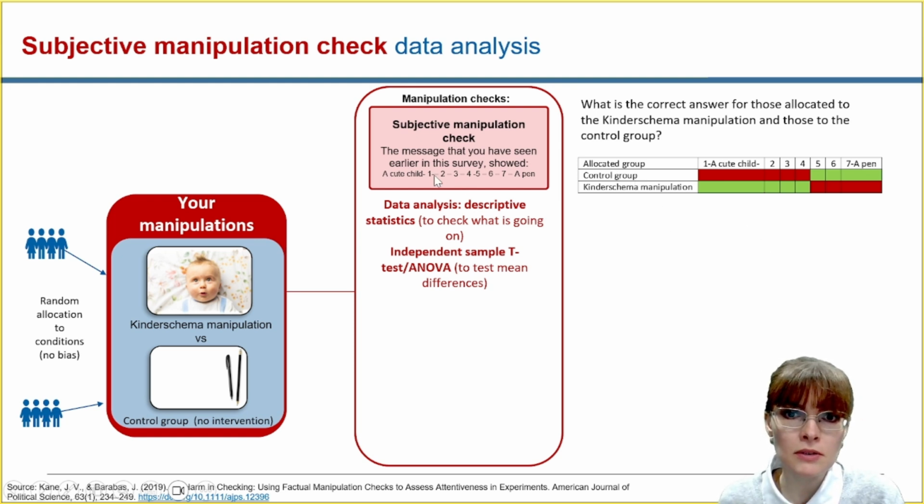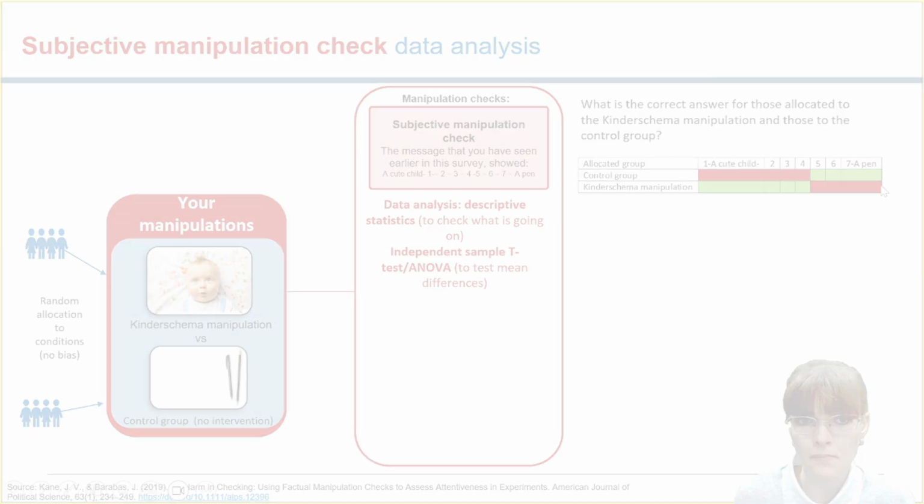Hypothetically, because this is an agreement scale ranging from a cute child on one end and a pen on the other one, those who were allocated to the control group, which is my pen or stationary condition, they should be selecting answers 5, 6, or 7 to actually confirm that manipulation worked as intended. And answers ranging from 1 to 4 should be sort of treated as incorrect answers for this group. And the same logic would apply to the kinder scheme manipulation. You expect people to select these type of answers and not 5, 6, or 7.